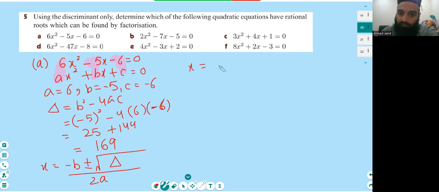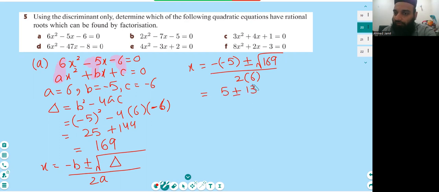Like x is equal to minus b, means minus of -5, plus minus square root of 169, over 2 times a, which is 6. So it is 5 plus minus 13, because square root of 169 is 13, over 12. So we have two different roots, one with a positive sign and one with a negative sign, right?